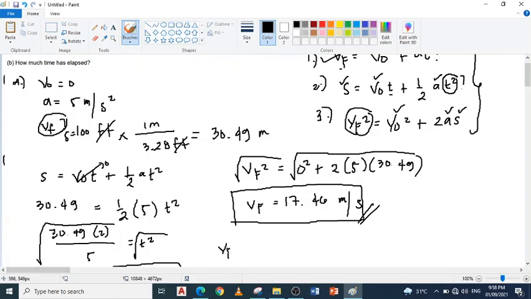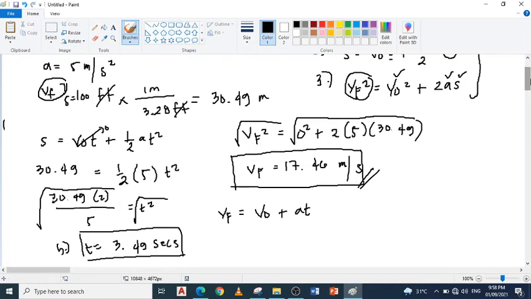So, VF equals VO plus AT. So, ano yung VF natin? Computed na. So, that is 17.46 equals VO is 0 plus, ano yung A natin? Acceleration is 5 and then time elapsed. Okay?